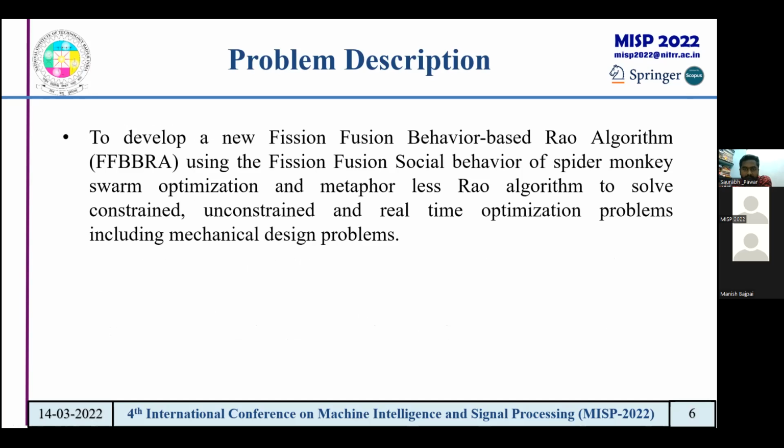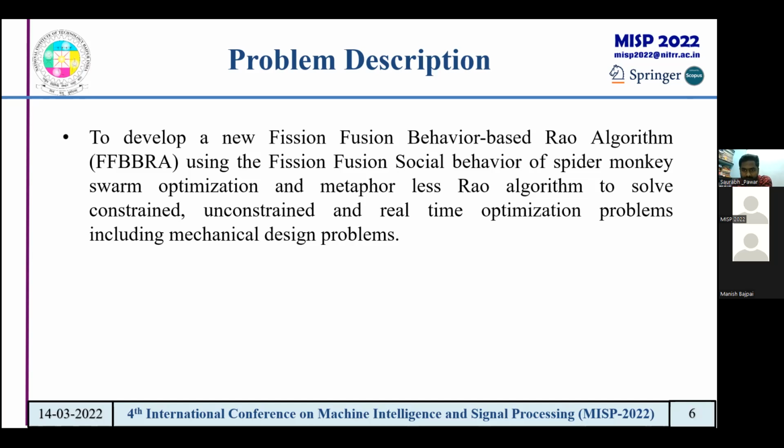These parameters need to be tuned before the problem starts. That is the difference. We are not tuning any particular parameter as per the earlier algorithms. The RAW algorithm is not tuning any parameter.